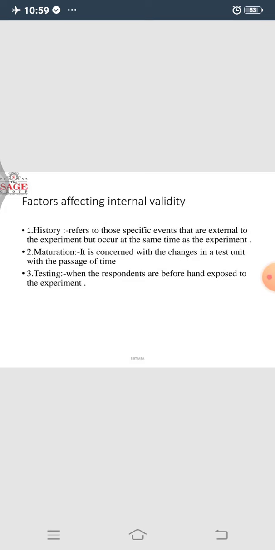So this will have an impact on the internal validity. It refers to those specific events that are external to the experiment but occur at the same time as the experiment. For example, in the example we took, eating an apple increases hemoglobin.